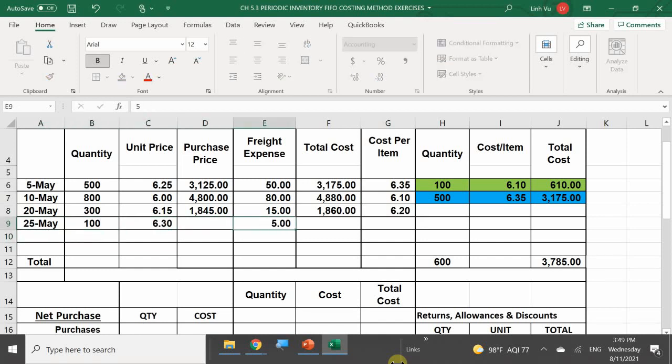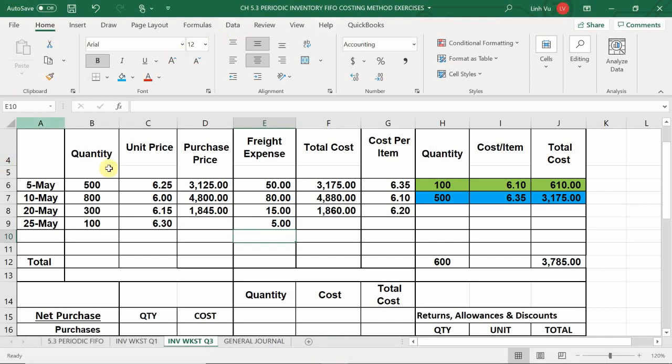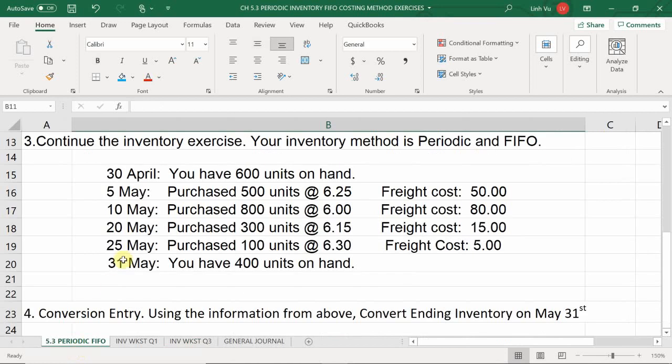How many in grand total units of items did I purchase? Calculate. 1,700. Good, 1,700.